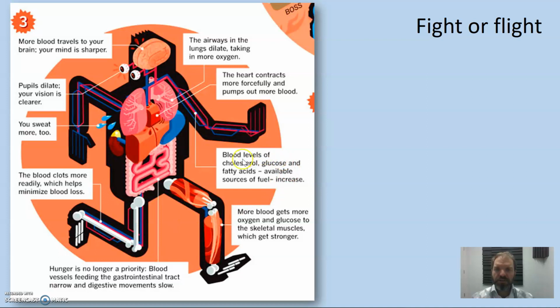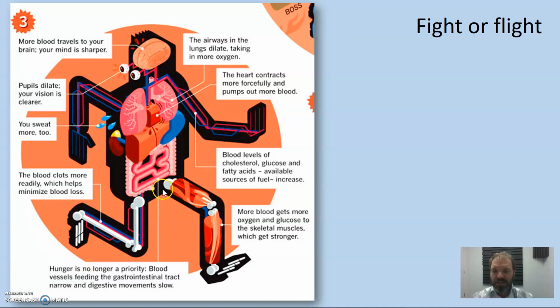You also see release of glucose. So again, respiration, the things that feed into respiration, glucose and oxygen being increased so that we can have increased energy. Pupils dilate, sweat increases because you're going to be running for a while, and you also have control of blood clotting, so that if you are injured in that fight or flight, you reduce your blood loss.